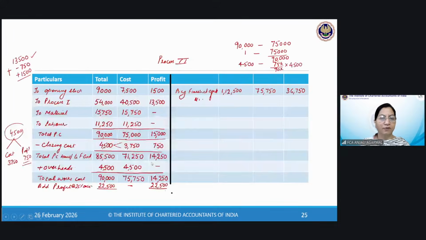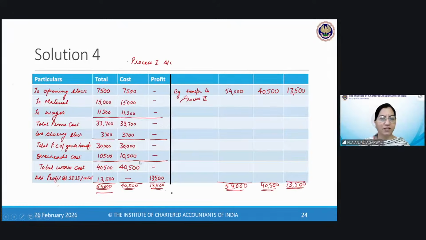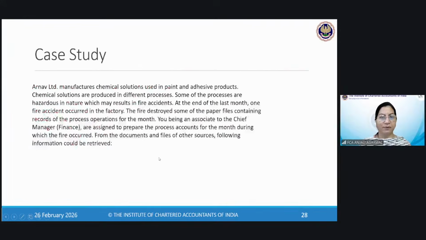Then how much is the profit which process one charged this time? Indirectly, we are going to subtract this, and plus would be 13,500. But because it is the first process, there is no unrealized profit in opening and closing stock. So there is only 13,500.